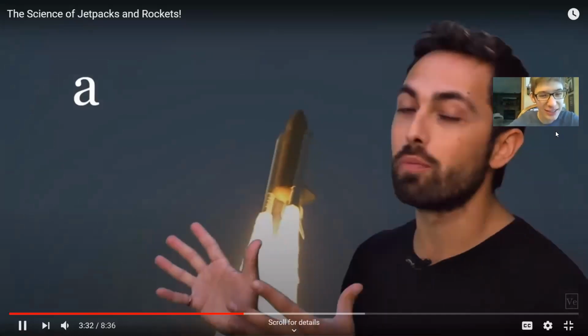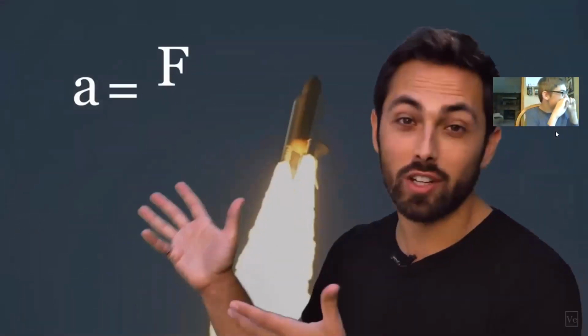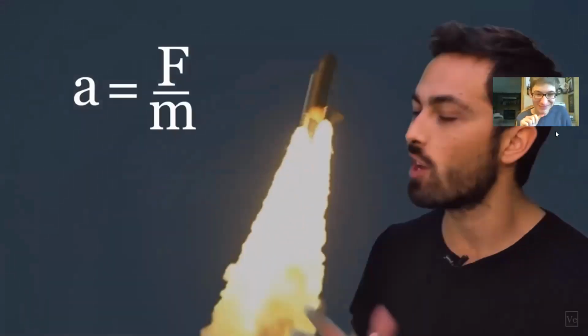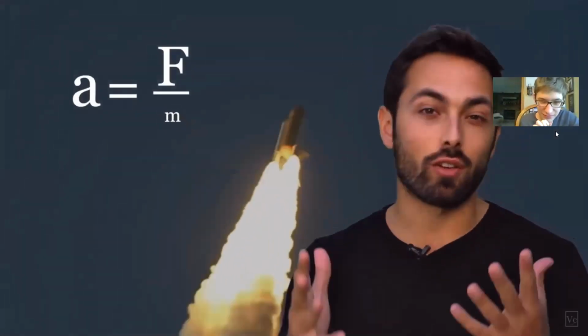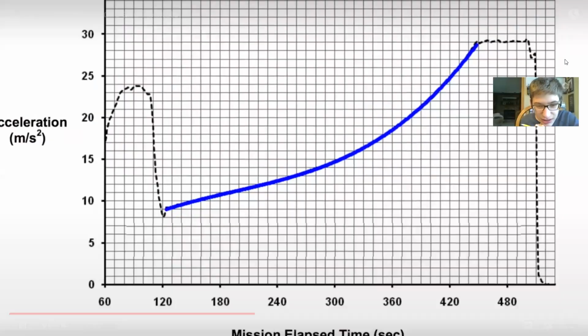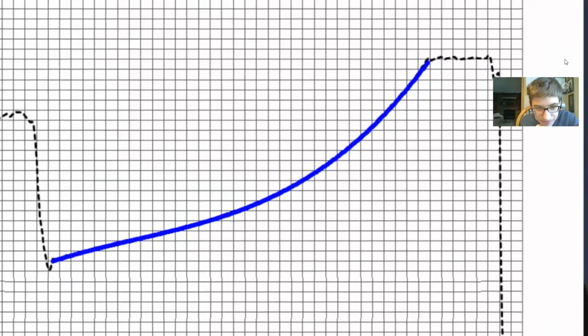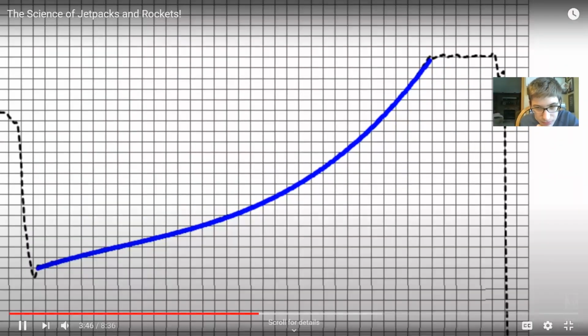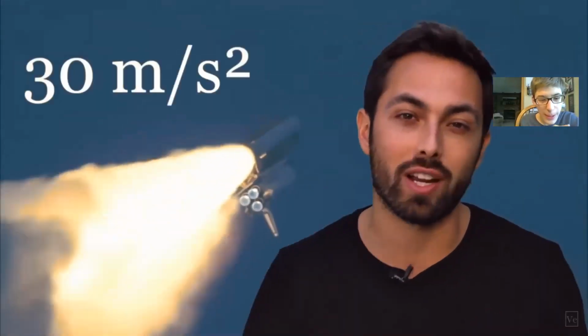Newton's second law says that the acceleration of an object equals the net force applied to it divided by its mass. So as the mass decreases, the acceleration increases. And it increases at an increasing rate. So much so that at the end of the rocket burn, the thrust has to actually be limited in order to keep the acceleration from going over 3 Gs. That's 3 times the acceleration due to gravity, or about 30 meters per second squared.